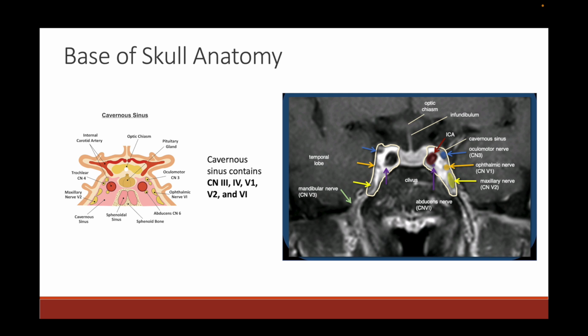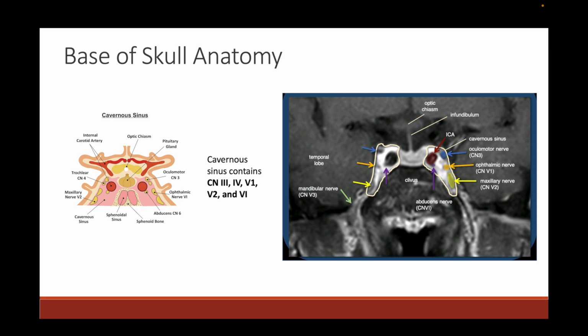And you can imagine if a tumor is invading the clivus, and if it is causing base of skull invasion, because of the proximity of cranial nerve 6, since it's located so medially and closest to the nasopharynx, that might be one of the first nerves that gets involved. And so that's why if there is neural invasion, oftentimes diplopia can be a sign because of that cranial nerve 6 involvement.